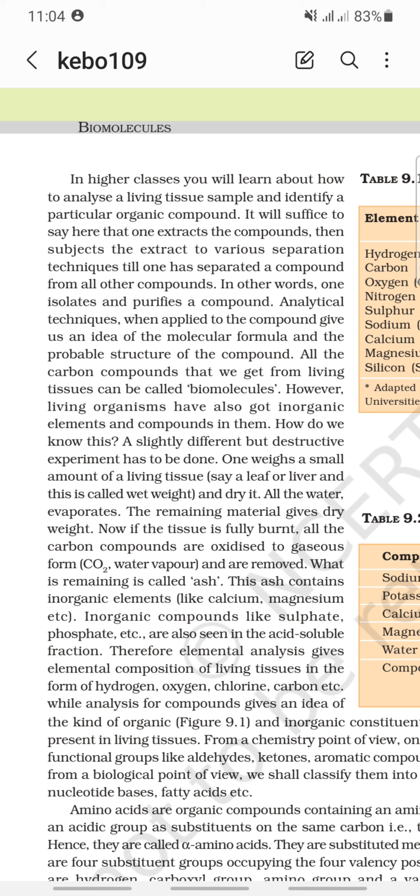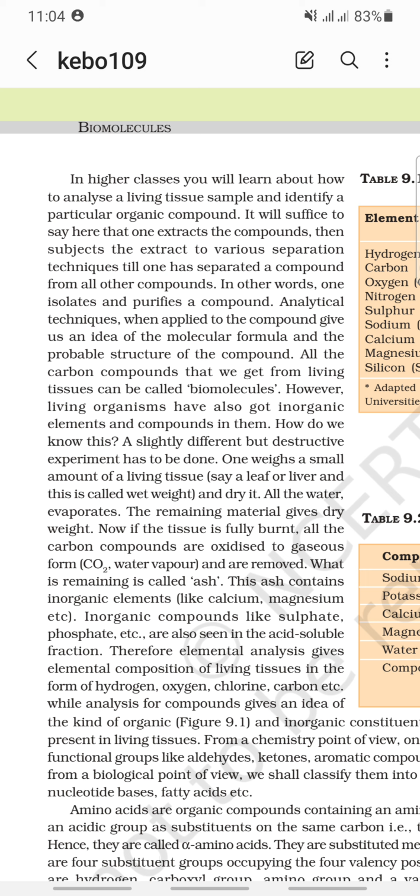In other words, one isolates and purifies a compound. Analytical techniques, when applied to the compound, give us an idea of the molecular formula and the probable structure of the compound.